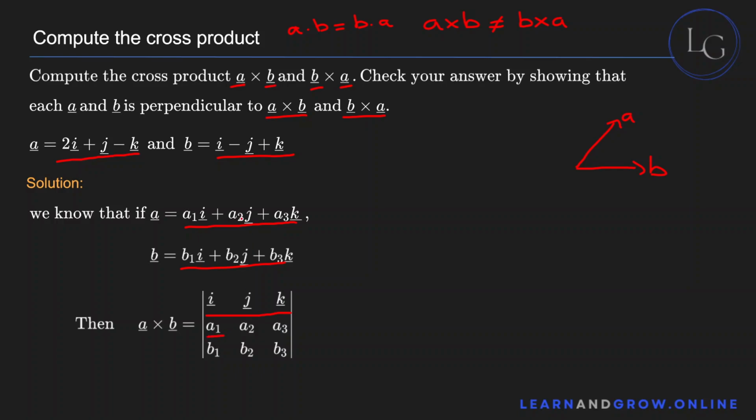A2 is the coefficient of j, so it comes under the j column. A3 is the coefficient of k, so it comes under the k column. And in the third row you write down the coefficients of B the same way. So B1 comes under the i column because it's the coefficient of i in B, and same for B2 and B3.